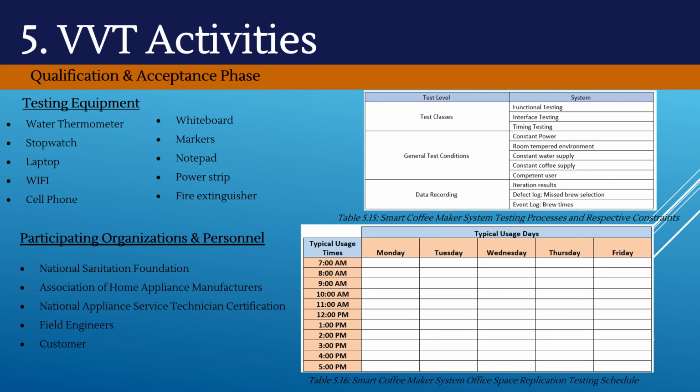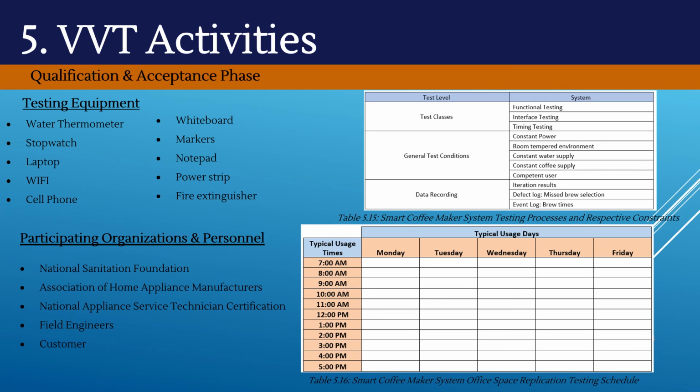Here we also provided things such as tools or test equipment that is needed to test some of the test cases, such as we need a stopwatch or a cell phone to be used in conjunction with testing the smart coffee maker system.